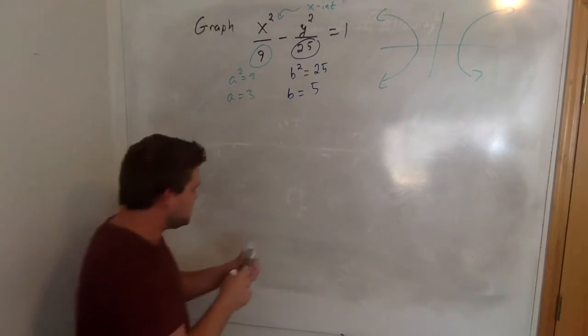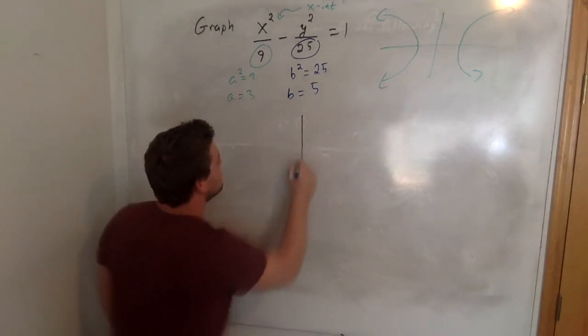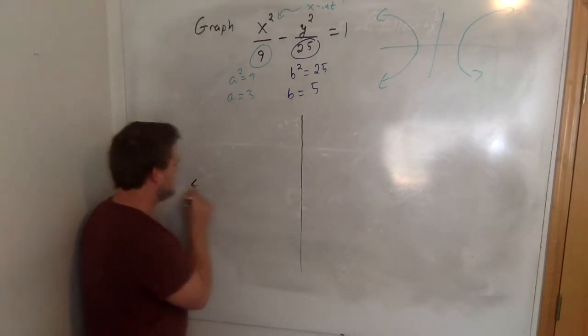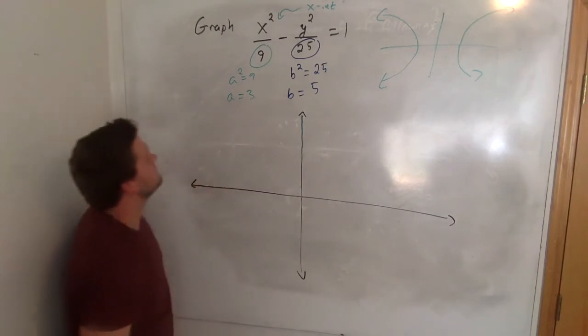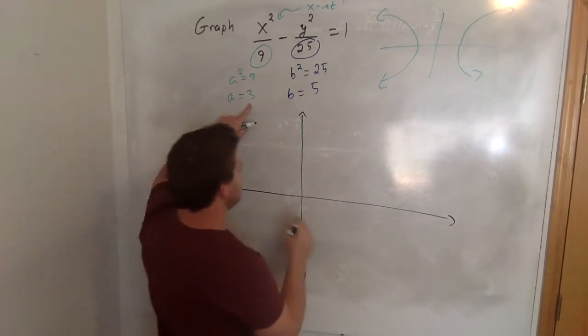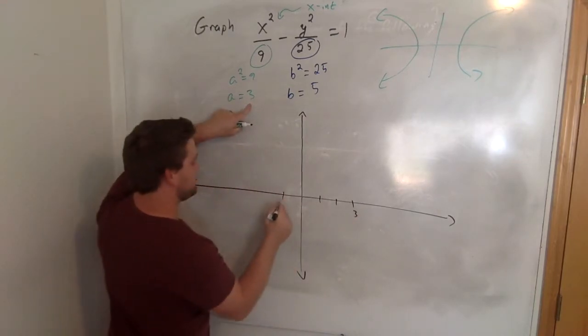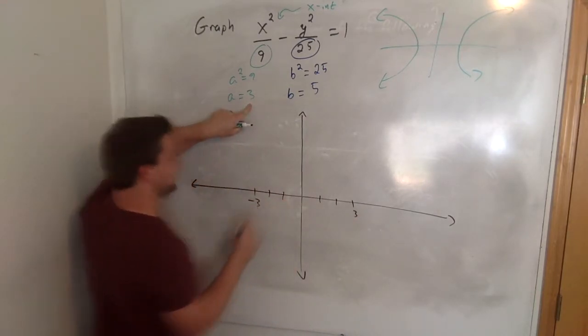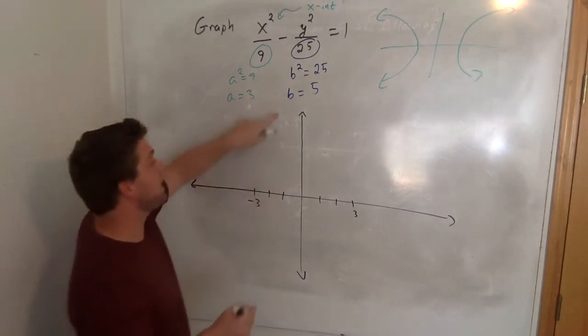Okay, so let's go ahead and sketch so far. Let's plot the vertices. We'll go to the right 3 units, and we'll go to the left 3 units. Now for the central box, we'll want to go up 5 and down 5.